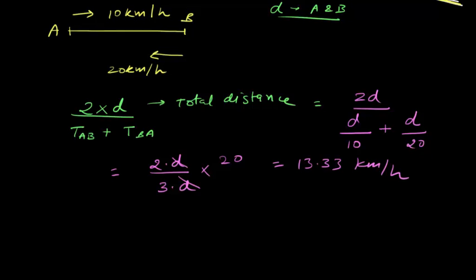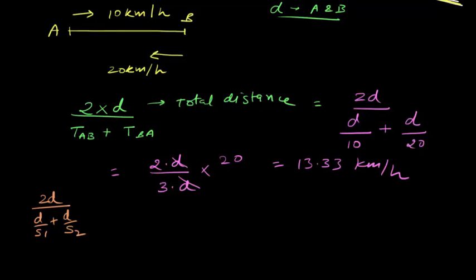Now, this is very straightforward, but there are certain people who try to put this into a formula. So I will tell you the formula for the sake of completeness. If I write this in generic terms, I have 2D over (D by s1 plus D by s2). This formula applies only when the distance is equal in the two parts.